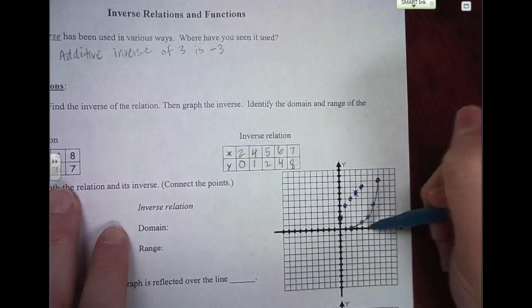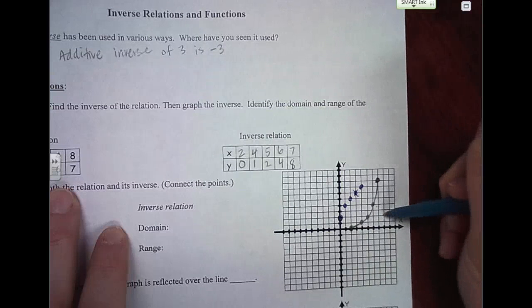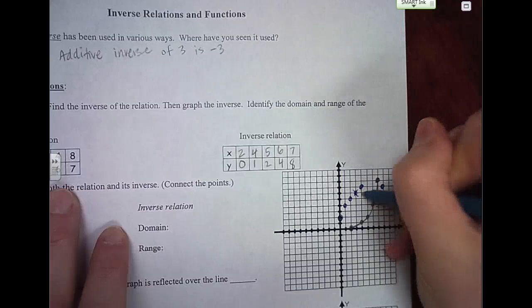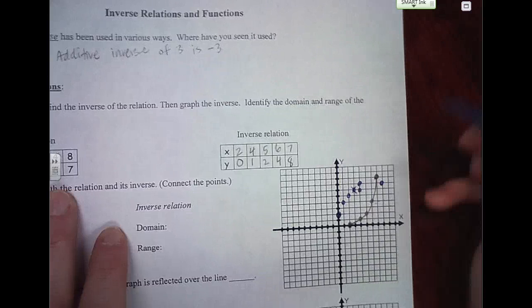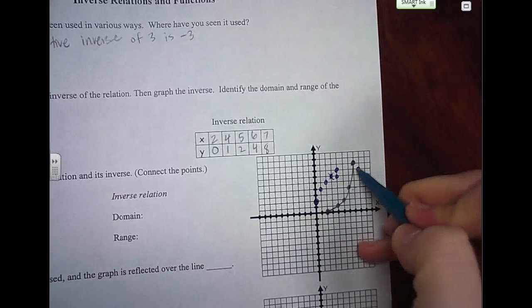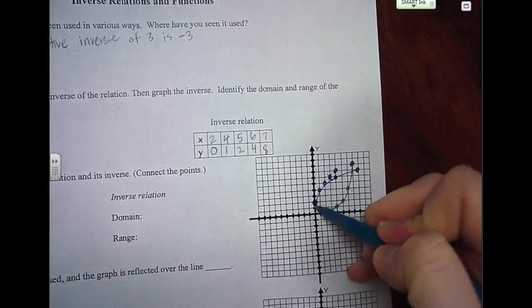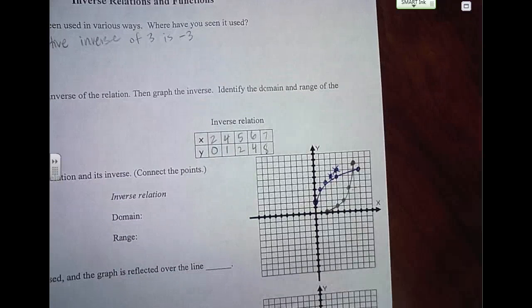Sorry, I made a couple of mistakes there. Okay, so here it is right here. You can ignore my 2 mistakes there.